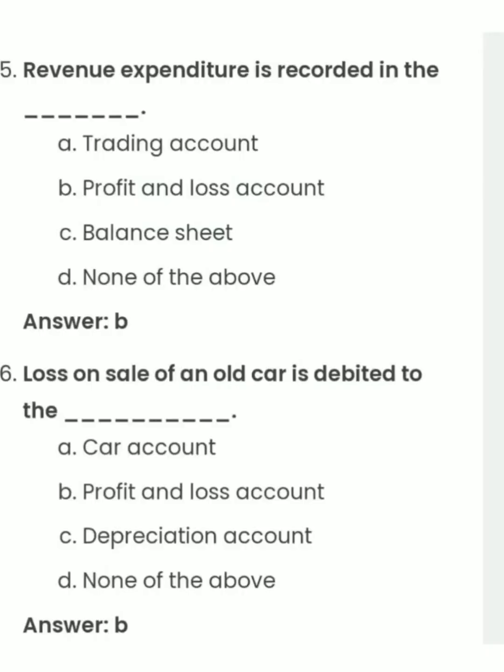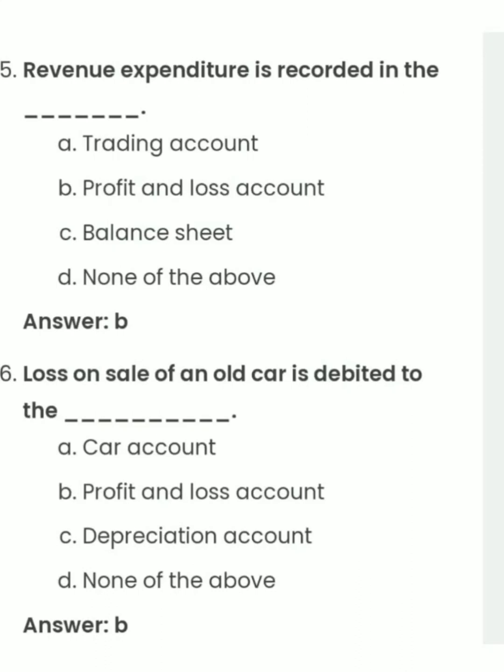Options are trading account, P&L account, balance sheet, none of the above. The trading account records only manufacturing or direct expenses, the P&L account records revenue expenditures, and the balance sheet records capital expenditures. So here option B is correct.